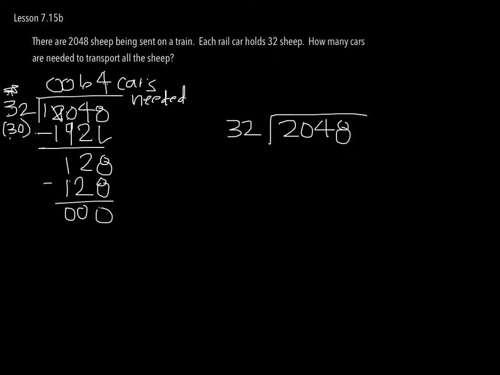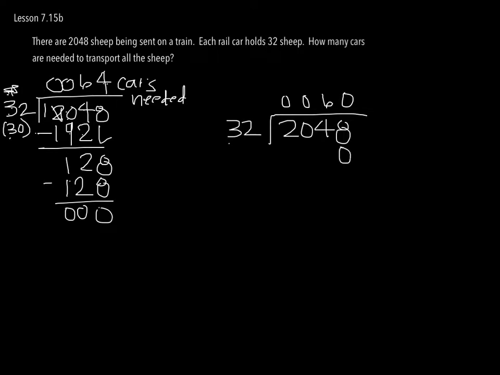How many 32s in 2? That's going to be 0. Now, how many 32s in 2048? Well, we know that there's going to be 6. So it's 60 here. So we're going to multiply.